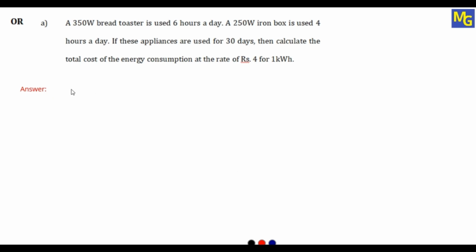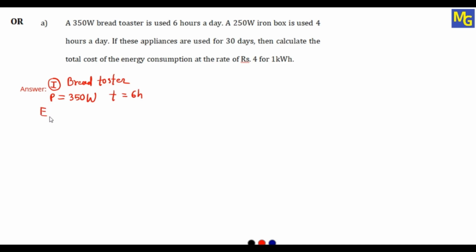So first we will solve for the bread toaster. I will write it here number 1, and that is bread toaster. For this, what all do we have? Power is 350 watt, and then we have time. Time is 6 hours. Find out the energy consumption.